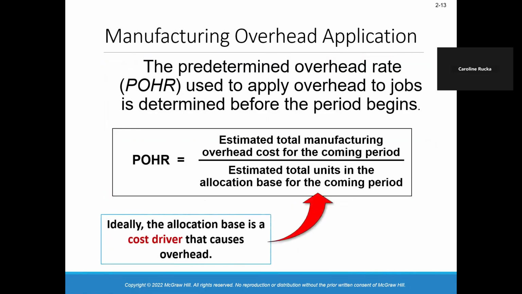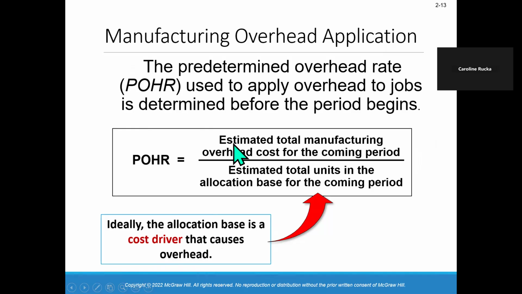All right. So we create a predetermined overhead rate to apply overhead to the jobs. Before we actually perform the work, we're going to decide how we spread our overhead. Remember, on the last slide, I started talking about cost drivers. Your allocation base should be that cost driver so that these things are actually related.